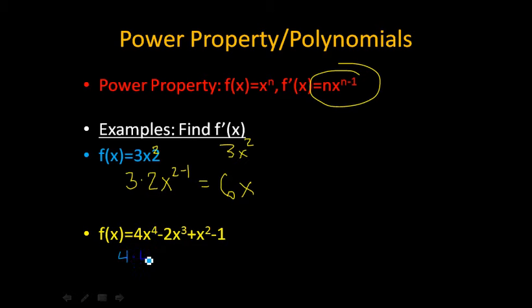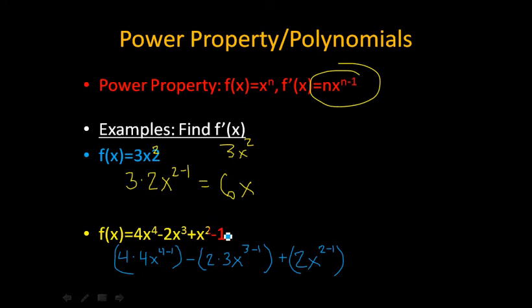N, we drop down, x to the 4 minus 1, and I'll put that in parentheses, so we know that that's the first one, minus 2 times 3x to the 3 minus 1, there's our second one, plus, there's no constant here, so we just don't worry about that, but we drop down the 2x to the 2 minus 1.